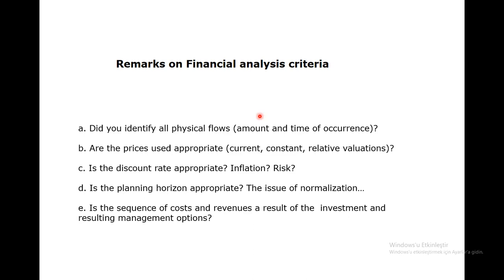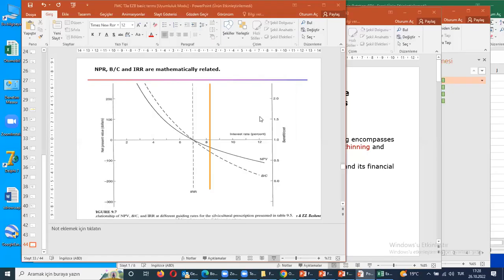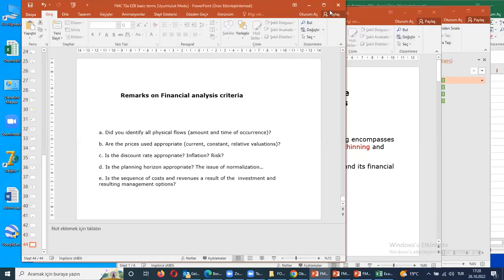You should be able to evaluate the various interest rates that are used in various investment groups, and pick the ones that are appropriate for your investment. So these are the questions that we should be able to ask ourselves in making the financial analysis. Okay, that is the end of talking about the financial criteria.